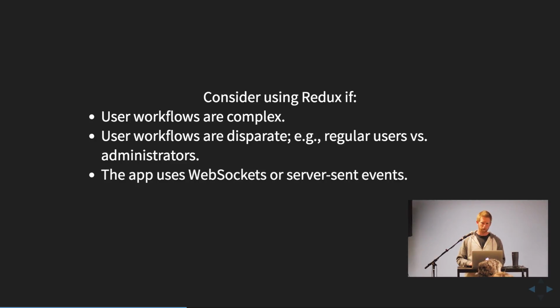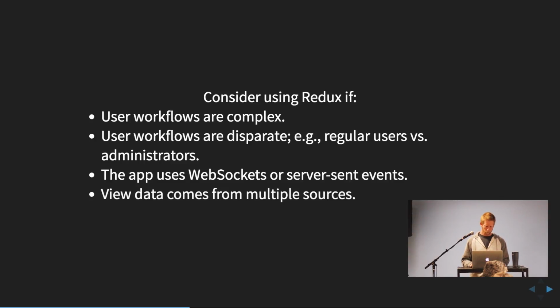Similarly, when we start to introduce real-time data, so if we've got WebSockets or server-sent events, we want to be able to deal with that asynchronous data that's coming in and manage it in a sane way. Similarly, if we're fetching data from multiple API endpoints to build up a view, if you're making 4 or 5 calls to get data and we need to coordinate, when this piece of data loads, we need to update this thing.